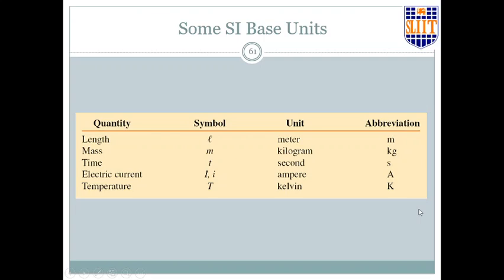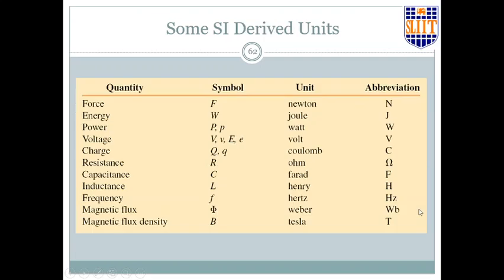So the basic units: mass, time, electric current, temperature. They are measured with the SI units, meters, kilograms. Note that this is not grams but kilograms. Right? Seconds, amperes and kelvins. So the SI unit for temperature is not Celsius or Fahrenheit, it is Kelvin.